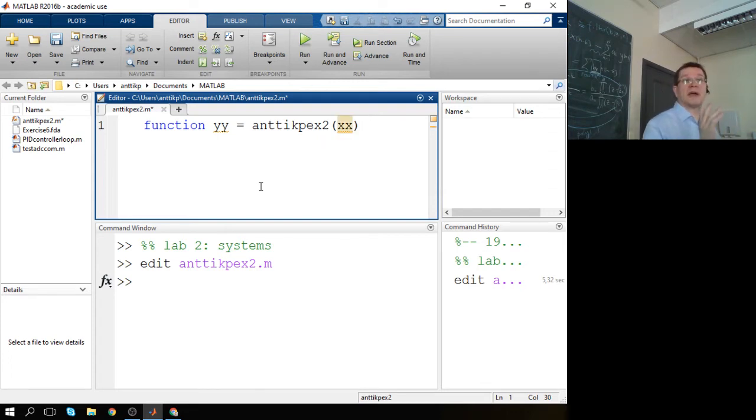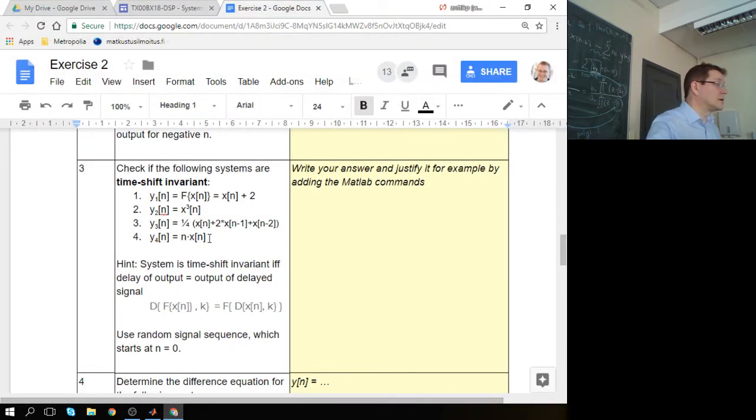Same thing for every single exercise, including this one here. Only x is the data that goes inside of this function, not n. N is a system property. So what a system does is basically modify the signal according to this formula.